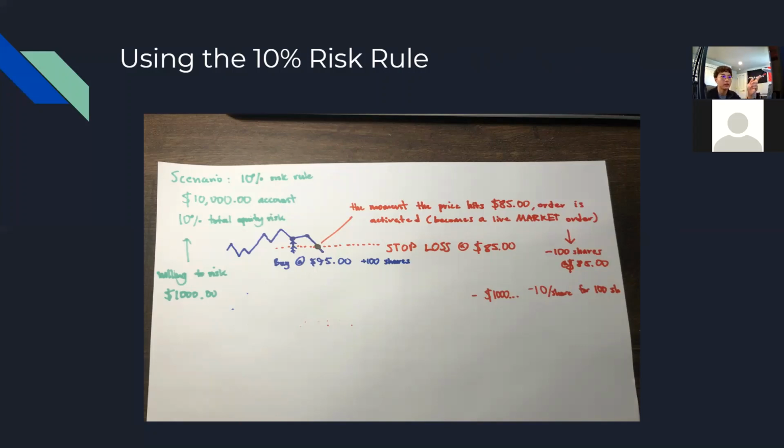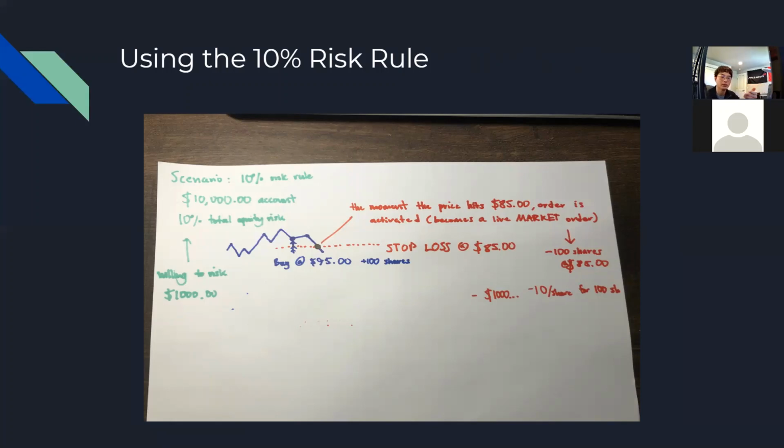So if you were to buy a share of, let's just call it stock A, let's say you buy stock A at $95, 100 shares. You would set your stop loss at $85, because if it reaches that stop loss price, you would sell at $85, so you lose $10 per share at 100 shares.